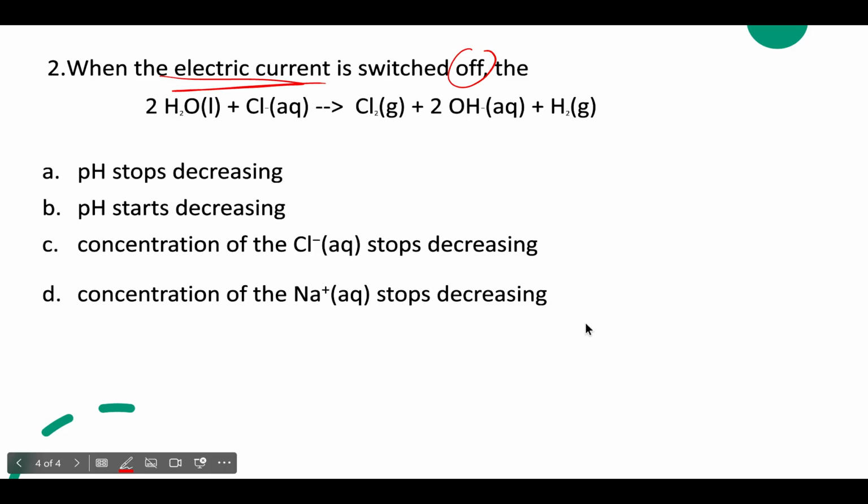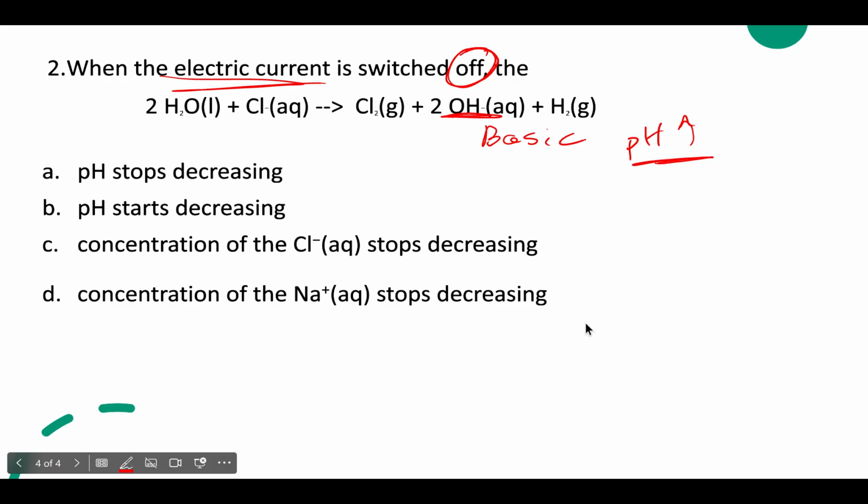So when we're going through this, asking about pH, on the right-hand side, we see OH- is being produced. So if OH- is being produced, you are becoming more basic, which means your pH is increasing. If you stop this reaction, your pH will stop increasing.